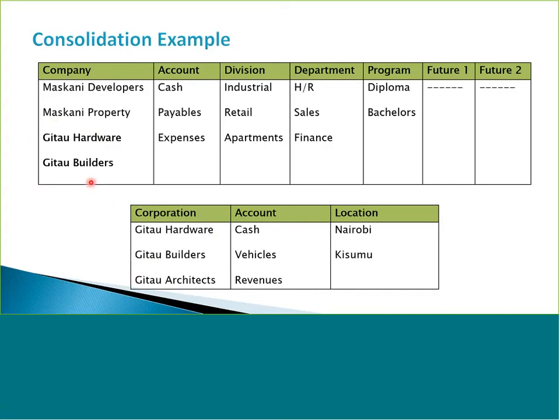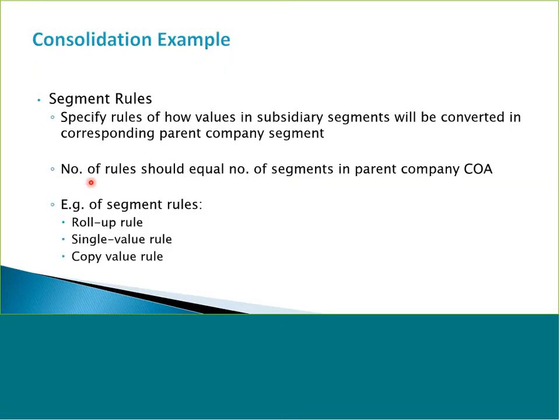What we call that kind of mapping in segment rules is roll-up. So these are the three types of segment rules that we can use: we have roll-up, we have the single value rule, and we have the copy value from rule.